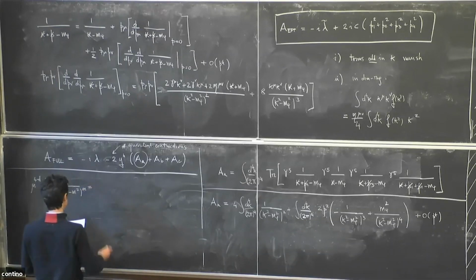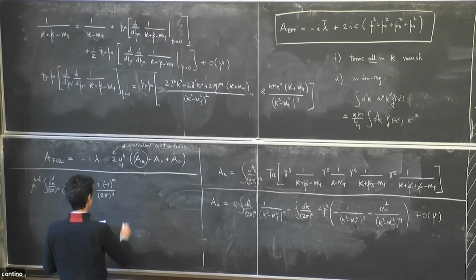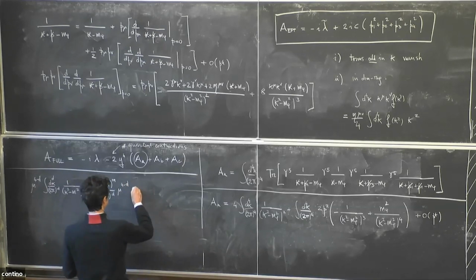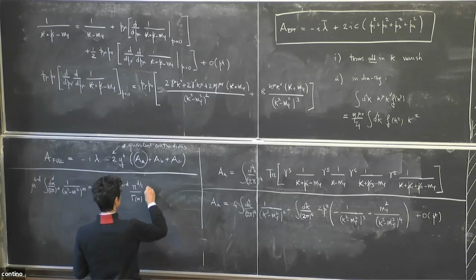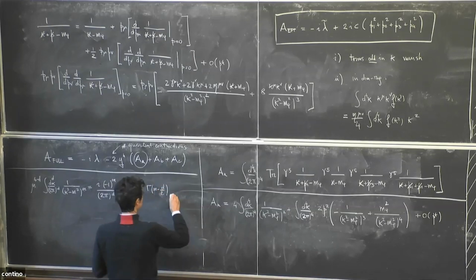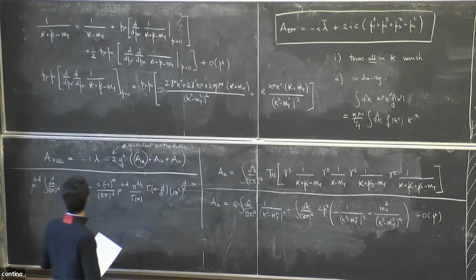This is equal to i times minus 1 to the n divided by 2 pi to the d, mu to the 4 minus d, pi to the d halves divided by gamma of n, gamma of n minus d divided by 2, m squared to the d divided by 2 minus n. Okay?